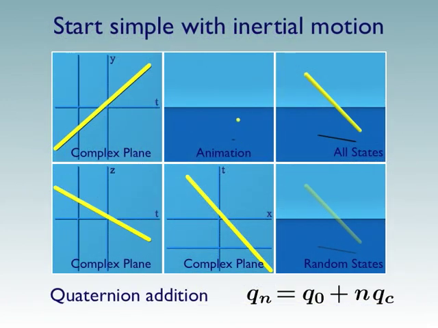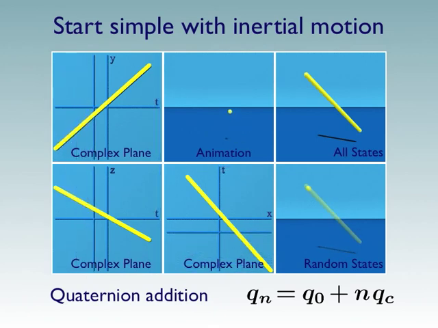So we're going to start simple with inertial motion. And you can see that point just moving in a totally straight line. What I found out was when I did this just as an animation, I couldn't really understand it, particularly when things got more complicated.